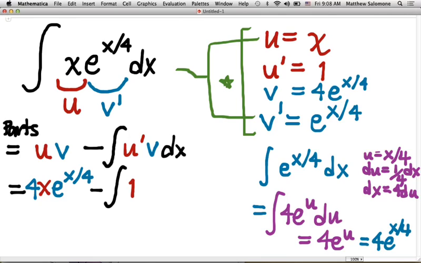Because now this integral that we get, 4 e to the x over 4 dx, no longer has a product of two functions that are difficult to work with. Because one of the factors in that product is now just 1. So when you multiply out the thing that we're now integrating, the thing that we've traded out for, we get 1 times 4, otherwise known as 4, times e to the x over 4.